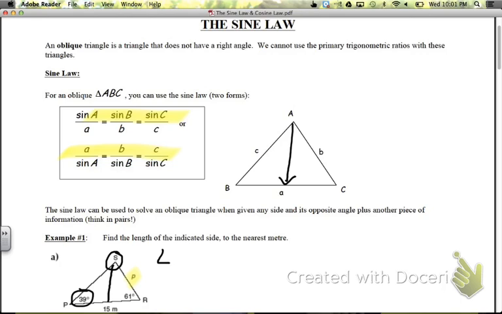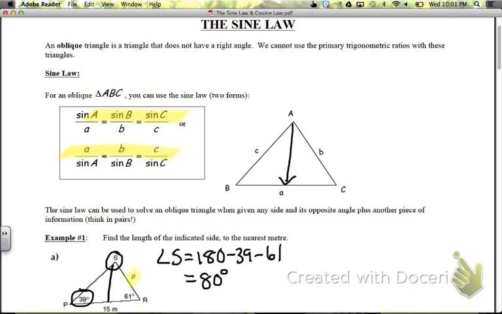However, I do know that any triangle will add up to 180 degrees. So angle S I can find by taking 180 minus 39 minus 61. So what I will get is 80 degrees.